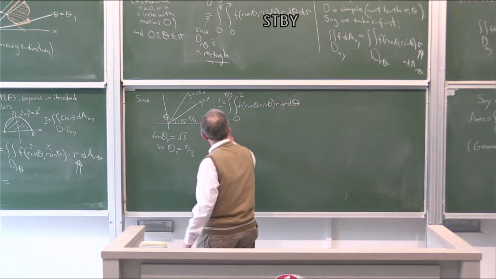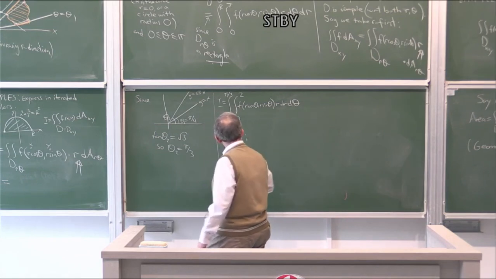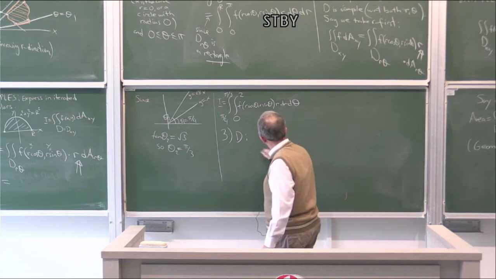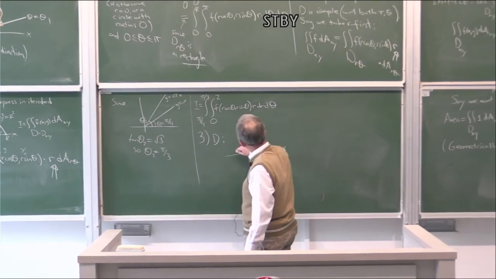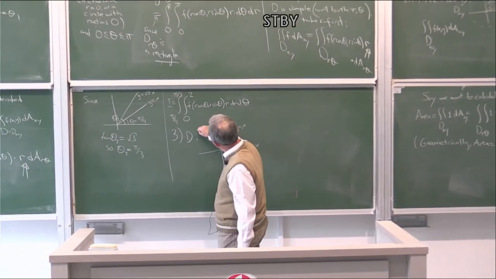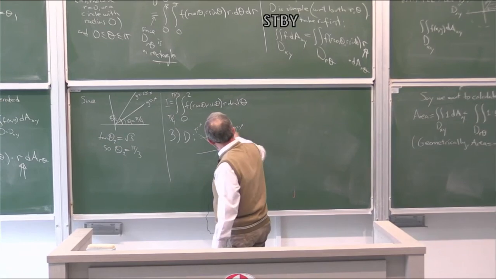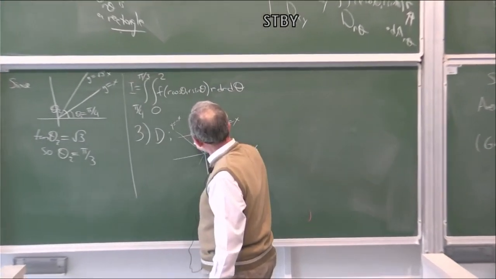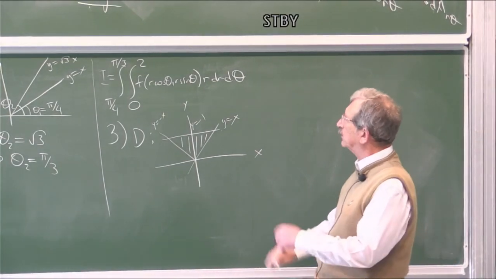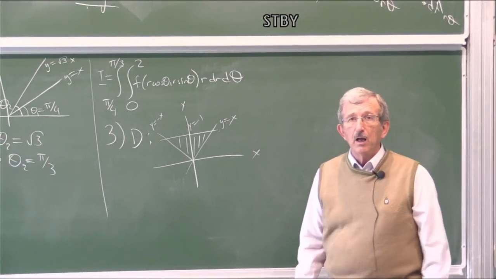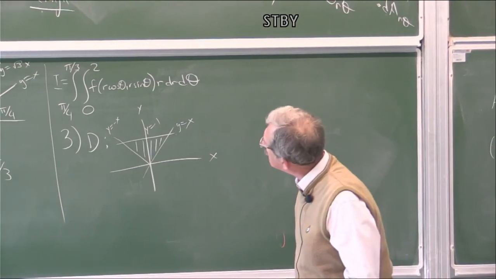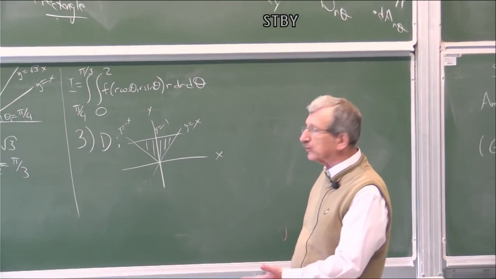A third example. This time, let D be, again, a wedge-like thing in the xy system. These are the lines y = x, and y = −x, and y = 1. Everything in the xy system at this point. Let us try to observe if this region is simple with respect to r first.